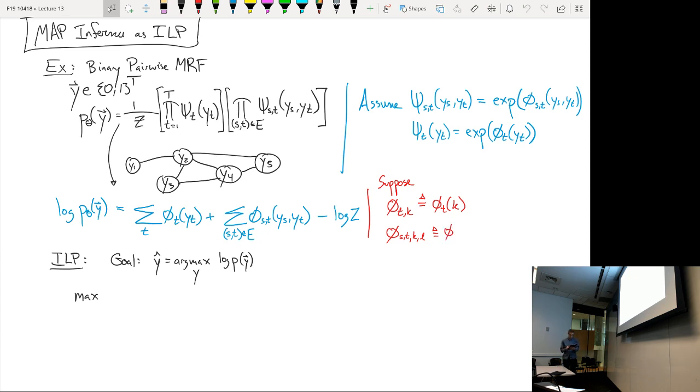Okay, so these are now real value numbers, right? This is a scalar, this is a scalar. Can we somehow use those to set up an objective function that is linear in y?